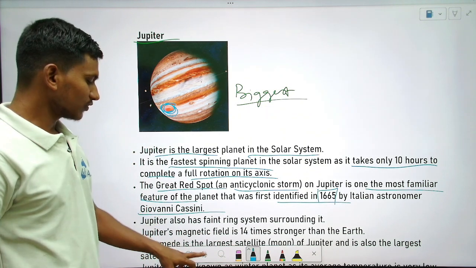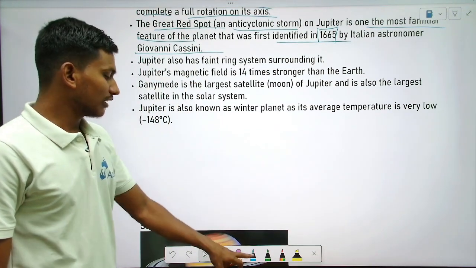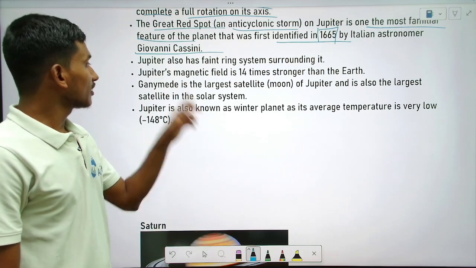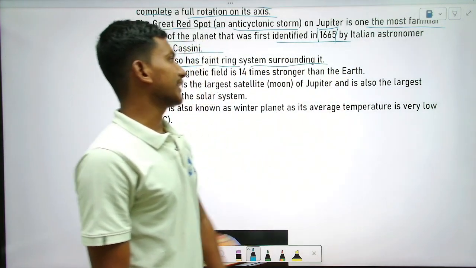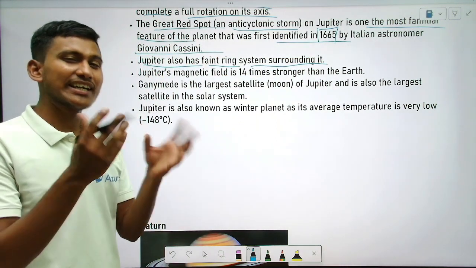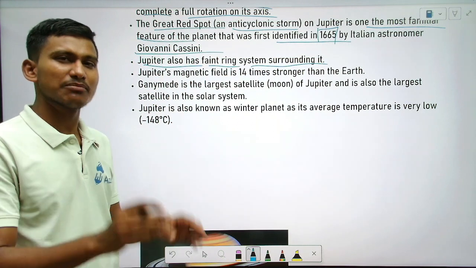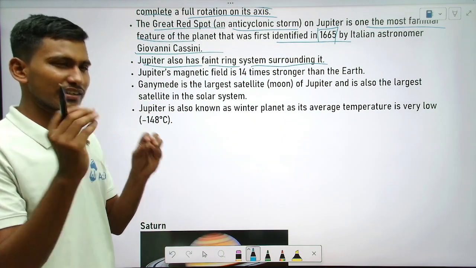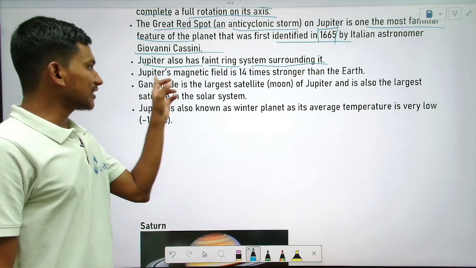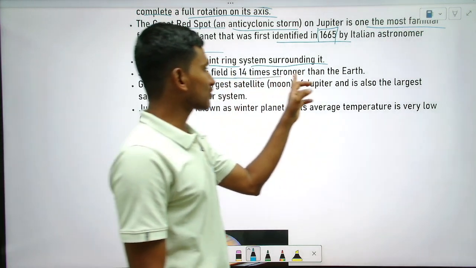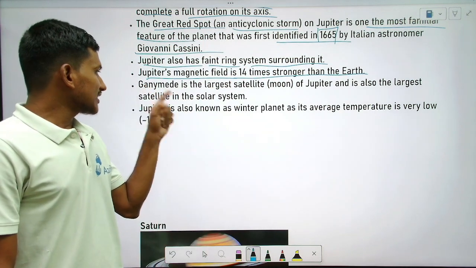Okay, good. Next, Jupiter also has a faint ring surrounding it, right? Faint ring means a very light ring. We cannot clearly see it, but there is a very small, light ring. Jupiter's magnetic field is 14 times stronger than the Earth's.